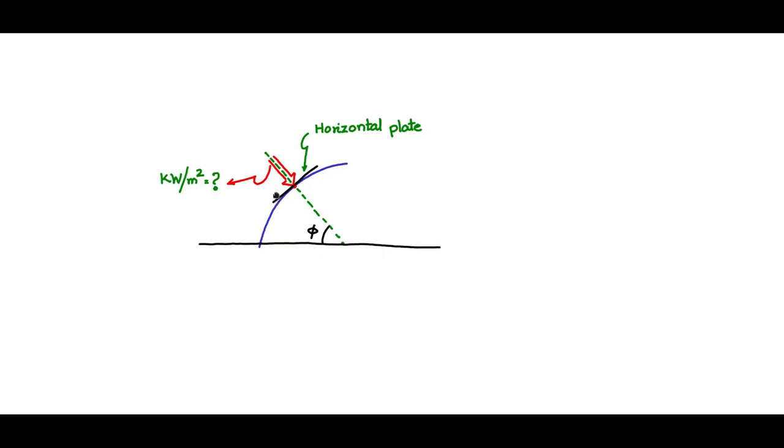So this is considered as horizontal with respect to a person standing at the locality. Keep that in mind, and we will now look at the corresponding solar geometry and try to estimate this.